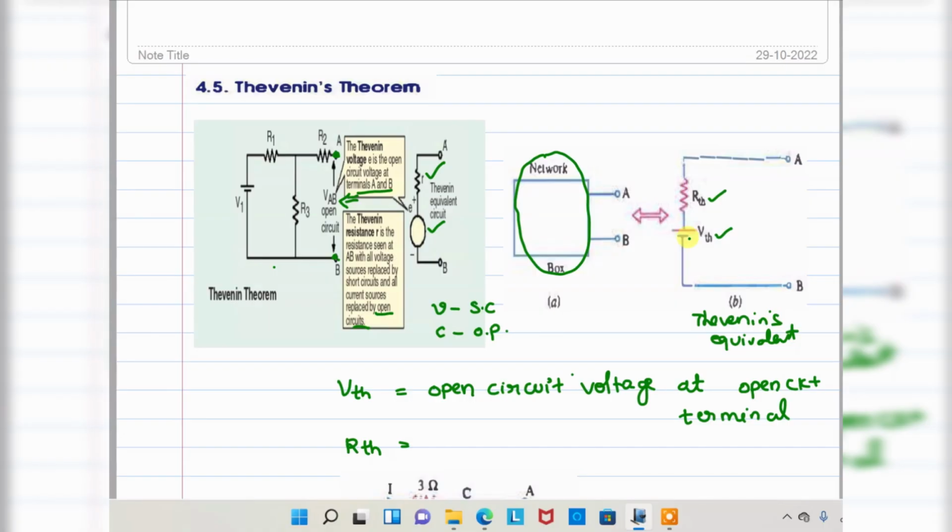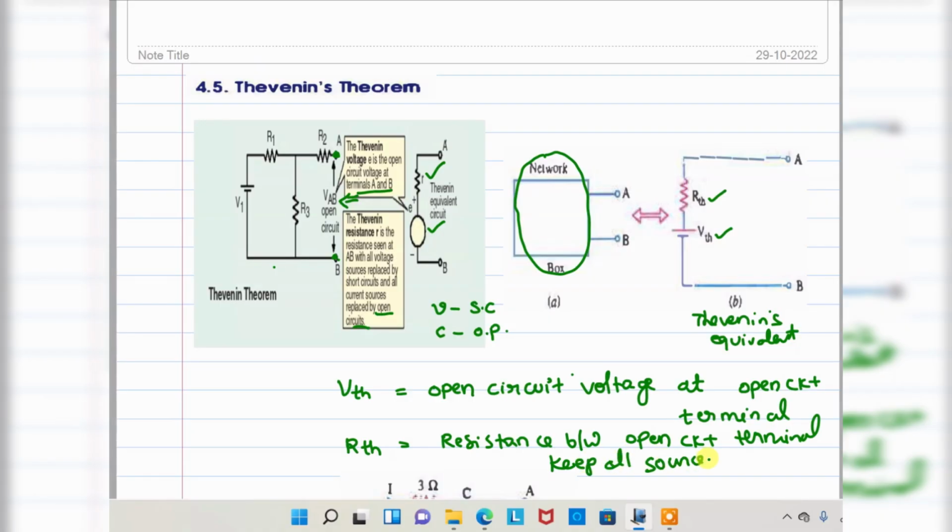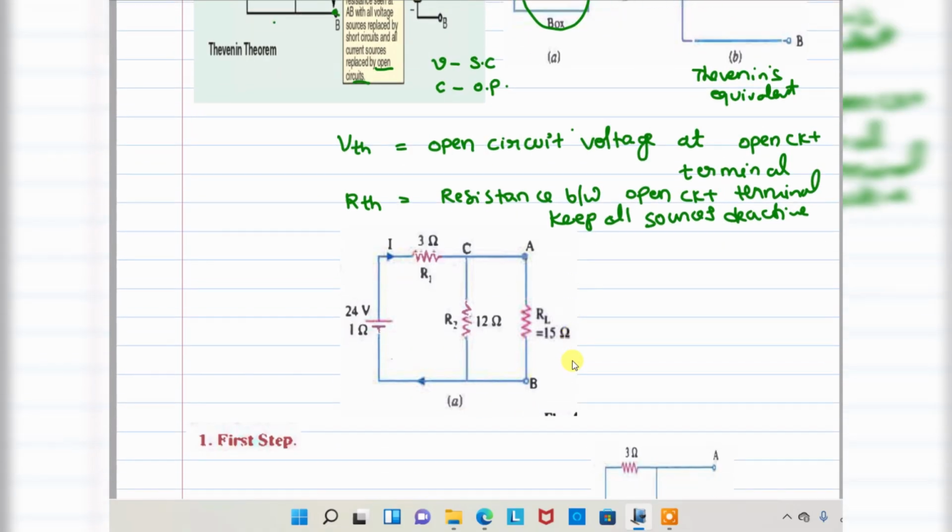Okay. So Thevenin's theorem is nothing but the resistance between open circuit terminals, keeping all sources deactivated. That means a voltage source is short circuited, a current source is open circuited.